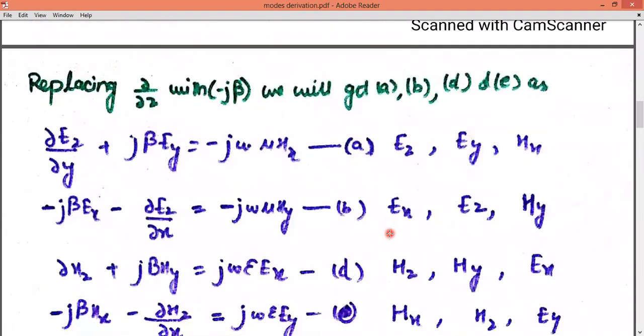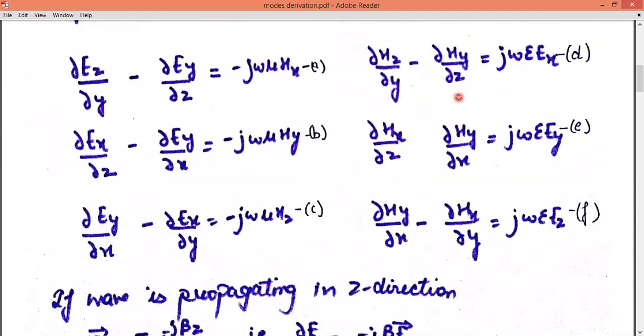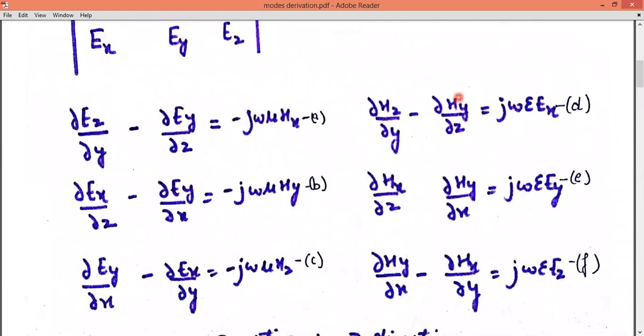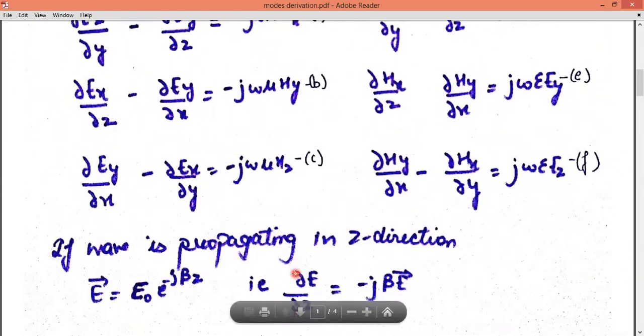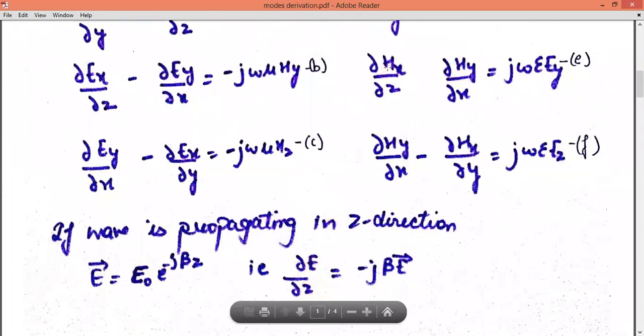So we are going to replace this with minus j beta. We will get A, B, D and E equations. Why are we getting only these equations? We have to see where we are getting this term in all the above equations. If we are getting this term in any of the equations, we will replace it by this equation.